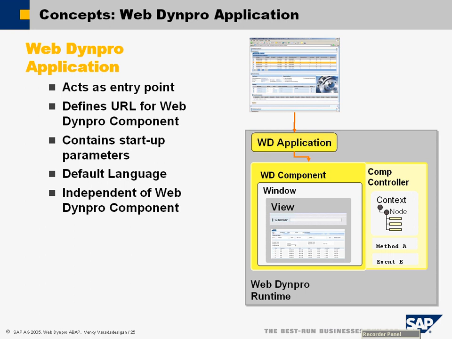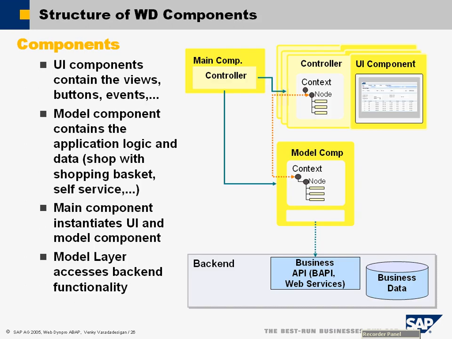If you want to start the application with some initial value in the query string, you can do that. That's part of the application. You can set a default language and stuff like that. So, application is your entry point. If you want to execute a Web Dynpro component and render different views and windows, you have to create something called an application.